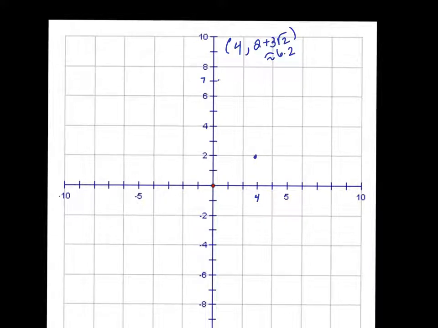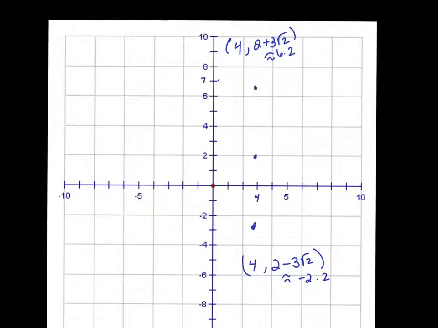And down here for the other vertex, it's going to be 4, 2 minus 3 square root of 2. And that value is approximately equal to negative 2.2. So that gives me 4 and just a little bit more than 6 for my vertex here. And then this is 4 and negative 2.2.